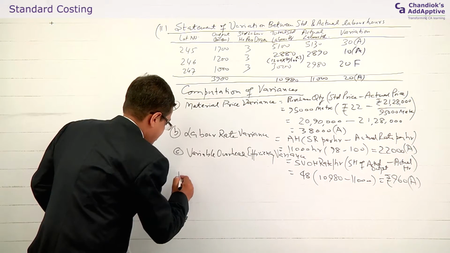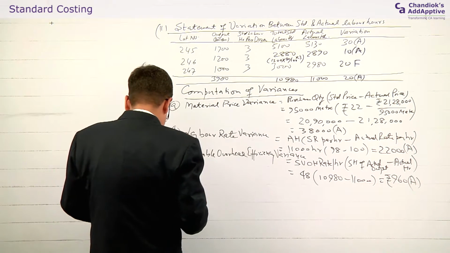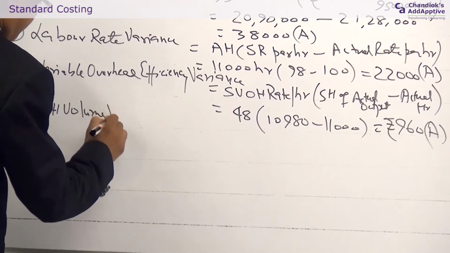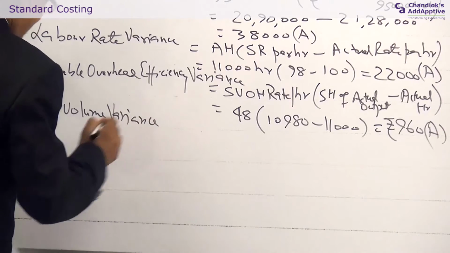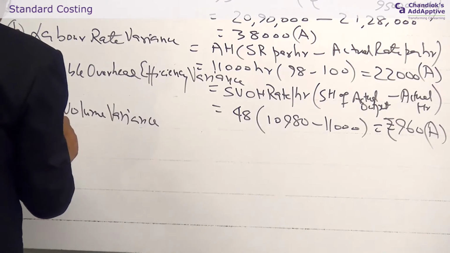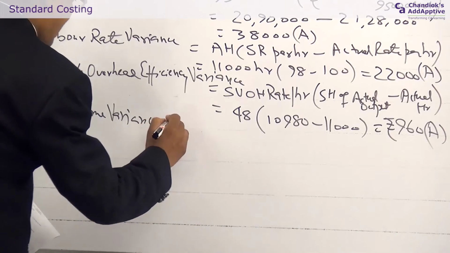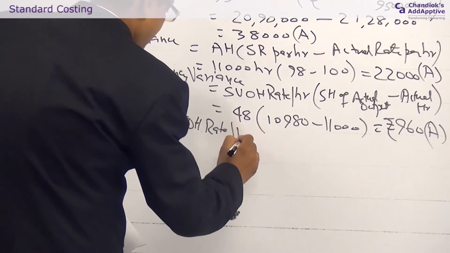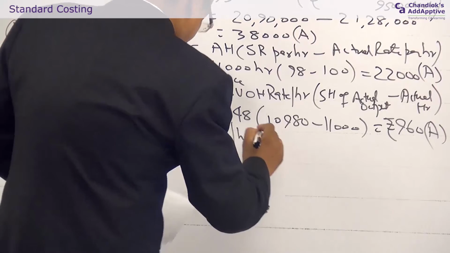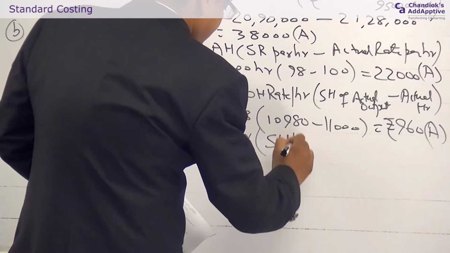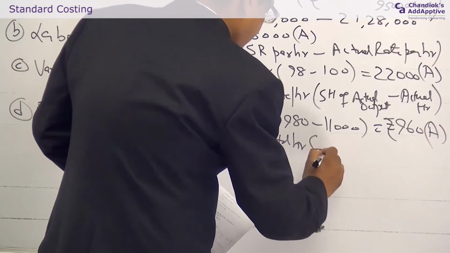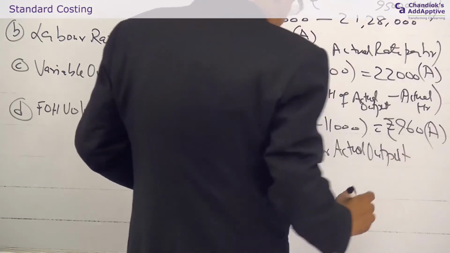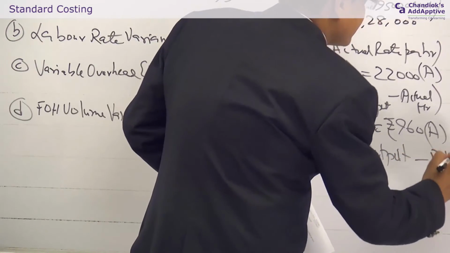The last variance the examiner has asked for is the fixed overhead volume variance. The formula is the standard fixed overhead rate per hour, multiplied by the standard hours for actual output minus budgeted hours.